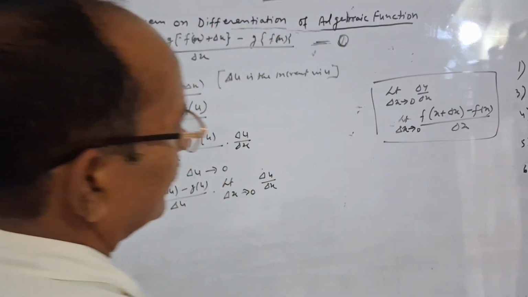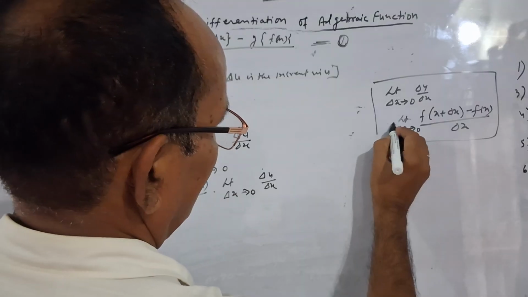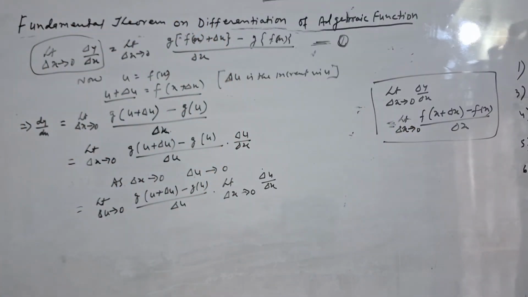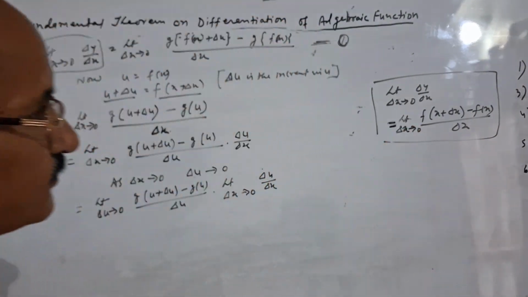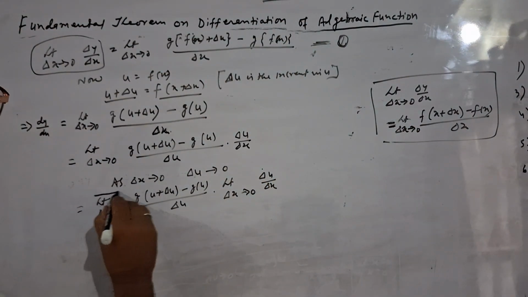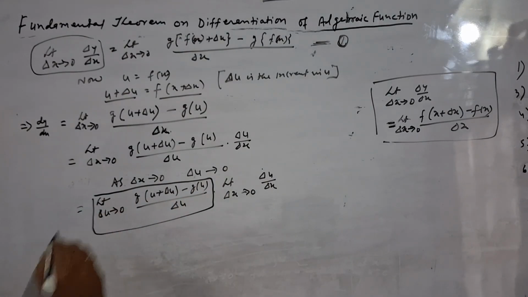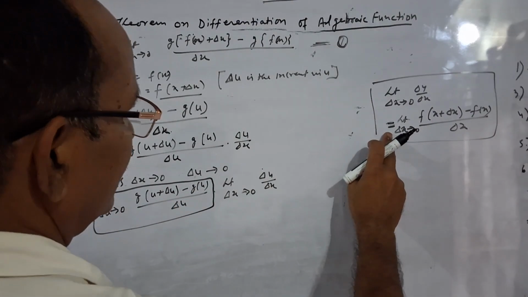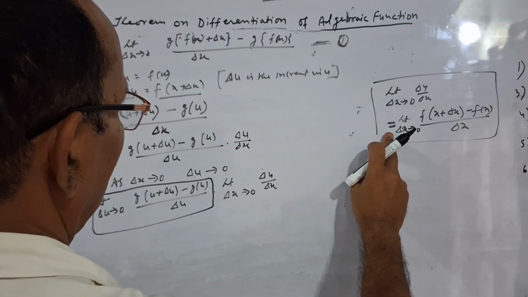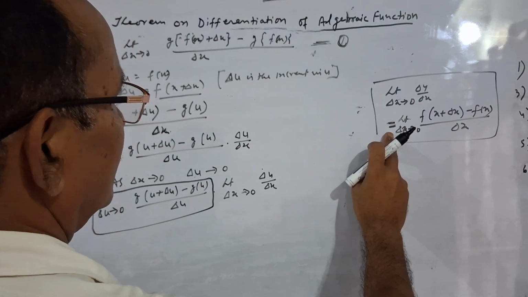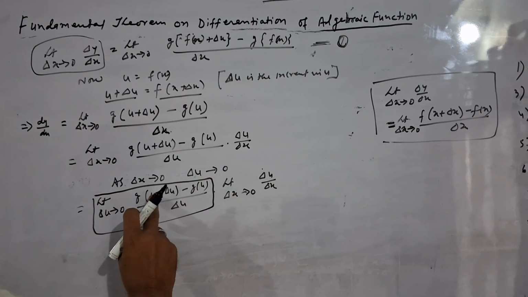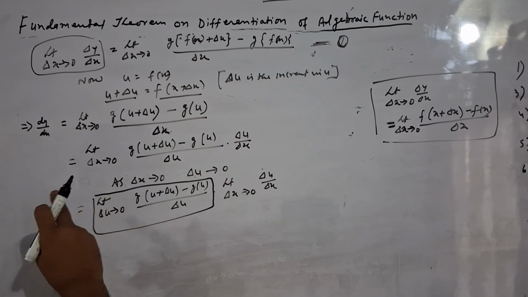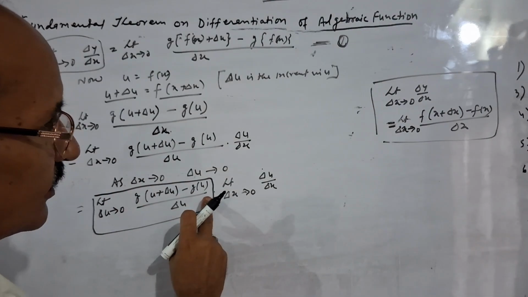Now for this, you can see this is equal to limit delta x tends to 0. This is the basic definition of derivative. Now for this term, you compare with this. What can we write? dy by du: g(u) is the function of y, where u is the function of x.